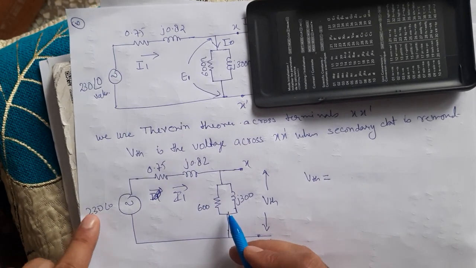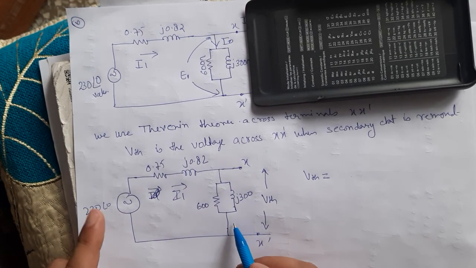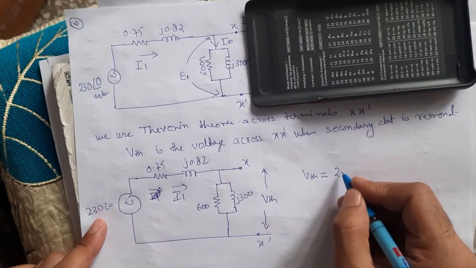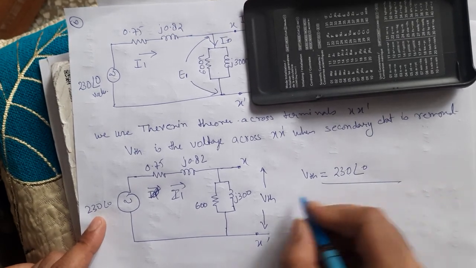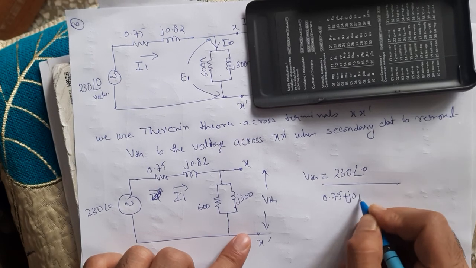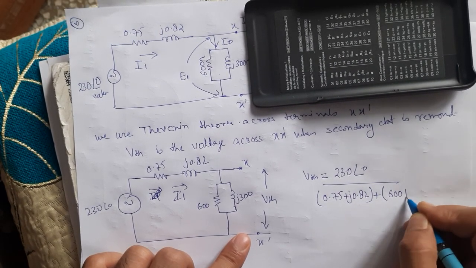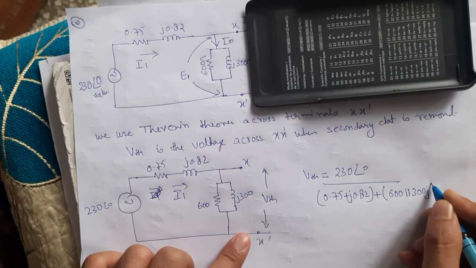If I divide the voltage by this total impedance, I will get the current. So the current will be 230 angle 0 divided by 0.75 plus j 0.82 plus 600 parallel 300j.